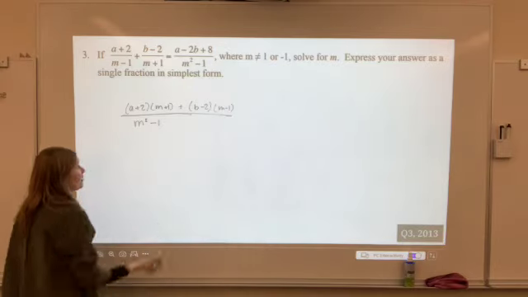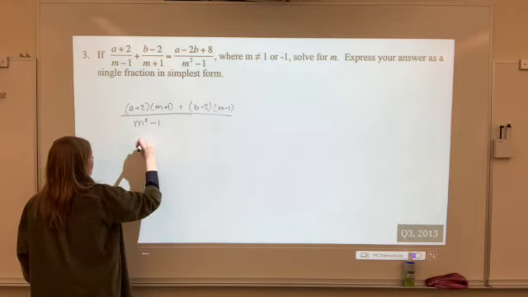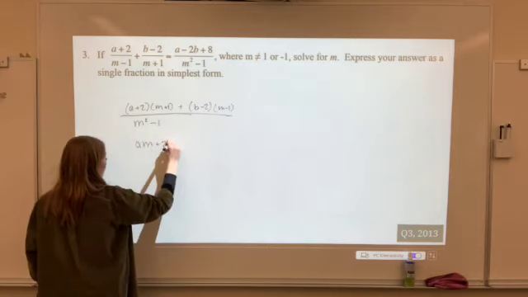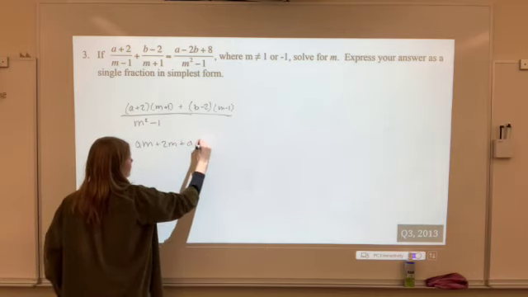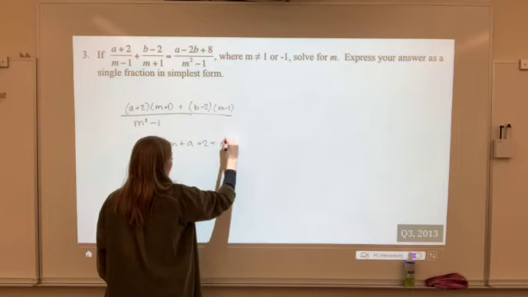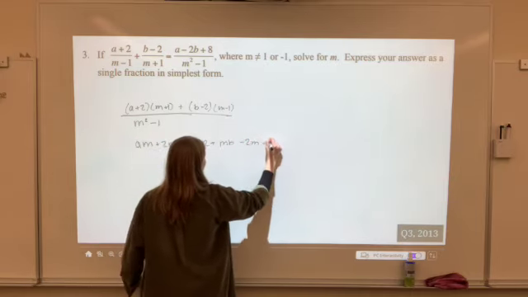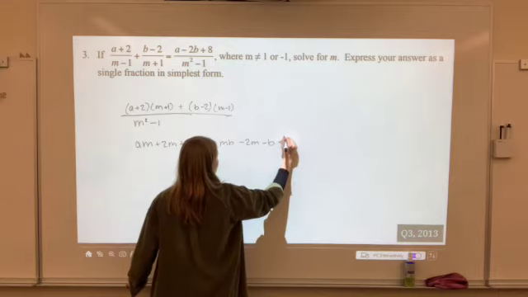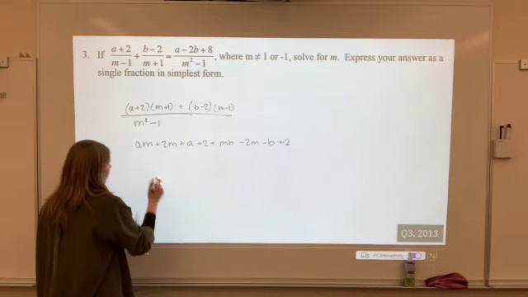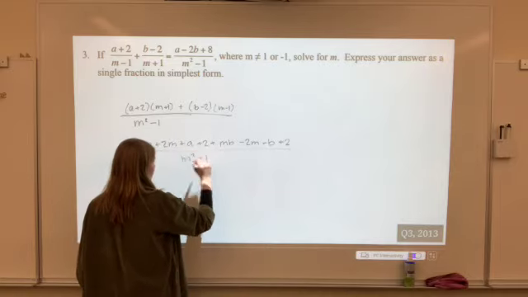So now we have to FOIL the top. So on the top we have am plus 2m plus a plus 2. And over here we have plus mb minus 2m minus b plus 2. All over m squared minus 1.